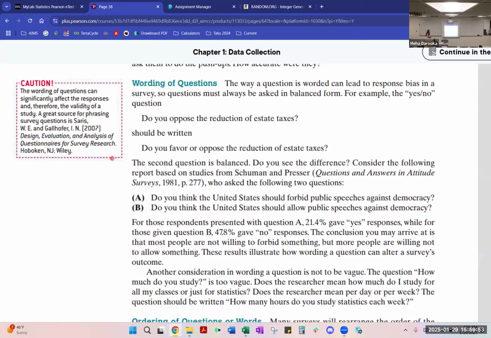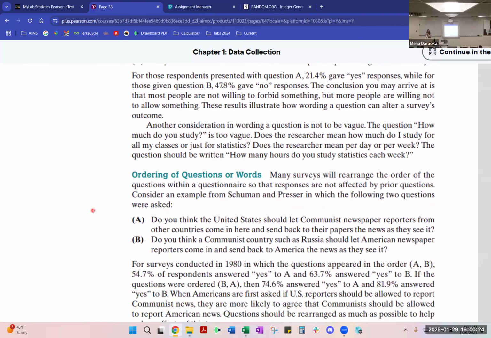So you've changed one word between A and B, and the conclusion you may arrive at is that most people are not willing to forbid something, but more people are willing not to allow something. Just based on the survey question, you're getting two differing data values. That can really make a difference in how you word your questions.